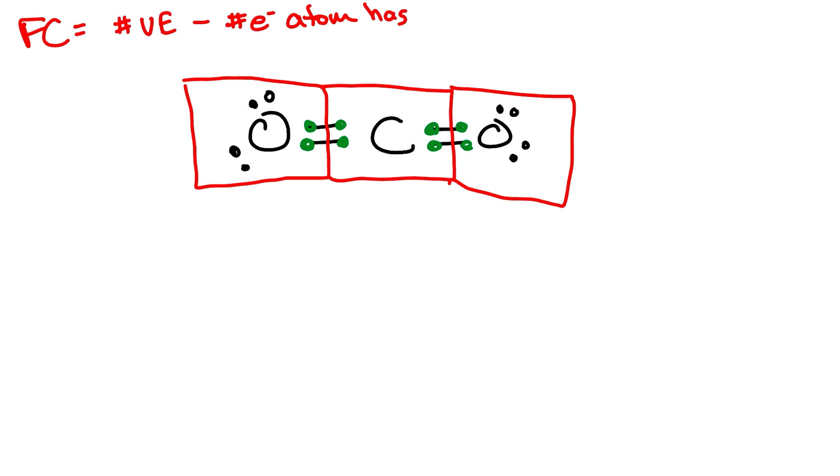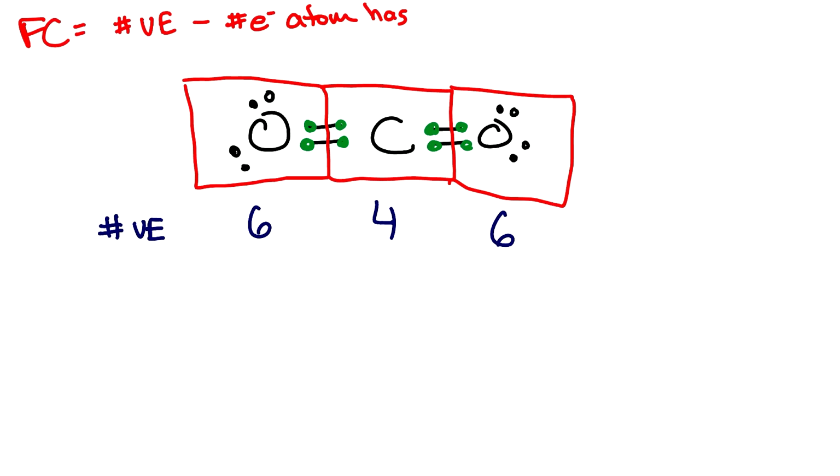So let's go ahead and calculate the formal charges here. What we're going to do is determine how many valence electrons are typically on these atoms. So oxygen has how many valence electrons, just right off the periodic table? 6, and then carbon has 4, and then oxygen has 6. Those are just the numbers straight off the periodic table.